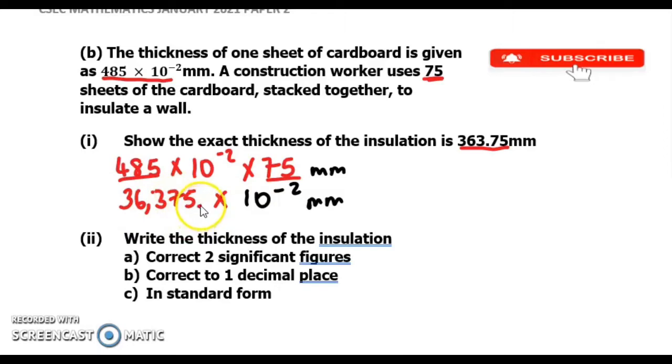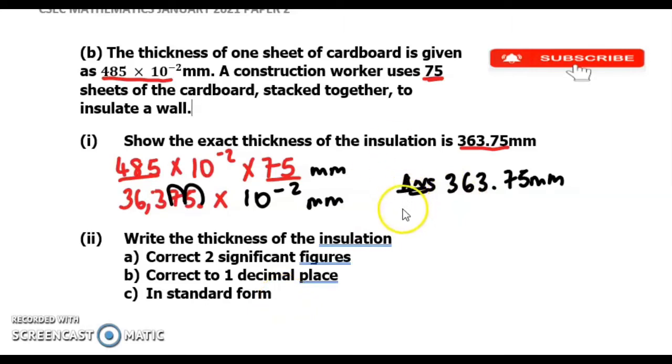This is the invisible decimal point here. So we're going to go 2 places to the left, 1, 2. So our answer here would be 363.75 millimeters.